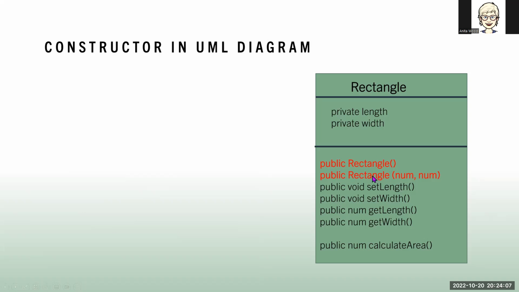The second one, I do accept 2 parameters, which means that I'm going to call it from the main program, and I'm going to send it values, and then the method that I write to represent and fully define this method is going to take 2 parameters. So that is my UML. That's where and how I represent the constructors.